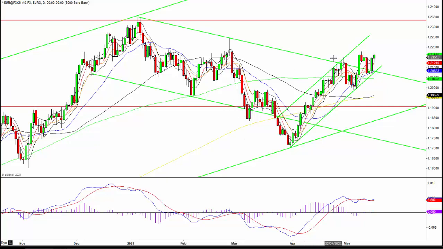I've got all these moving averages on my chart. I could have a load of Fibonacci retracement levels. It really doesn't matter. It's about how you apply yourself. I remember Mark Douglas, the late Mark Douglas, who wrote Trading the Zone.